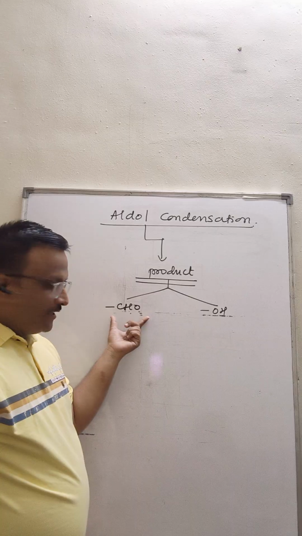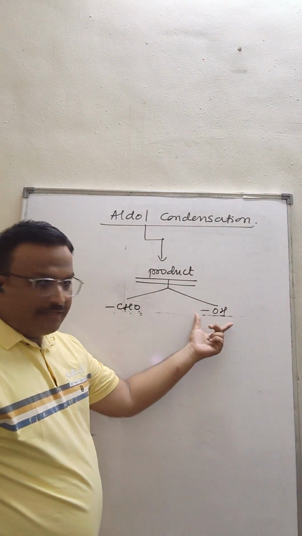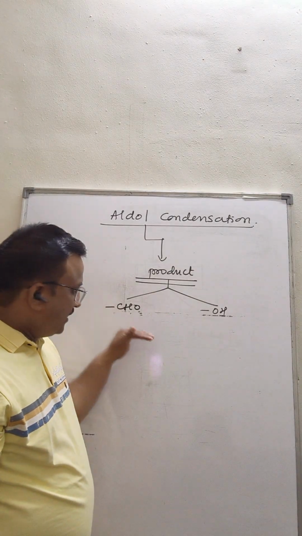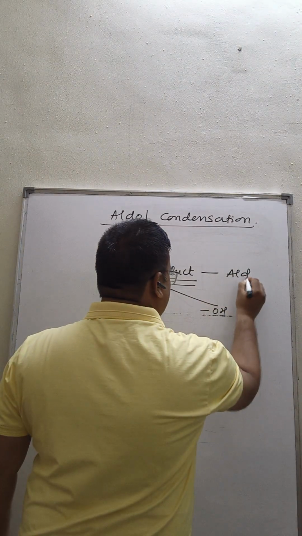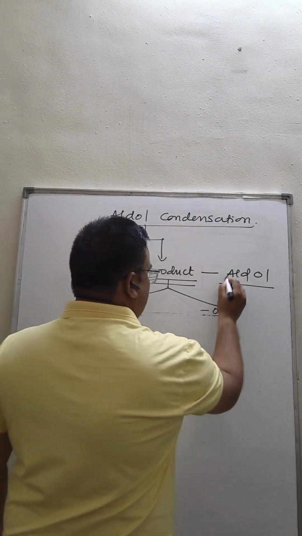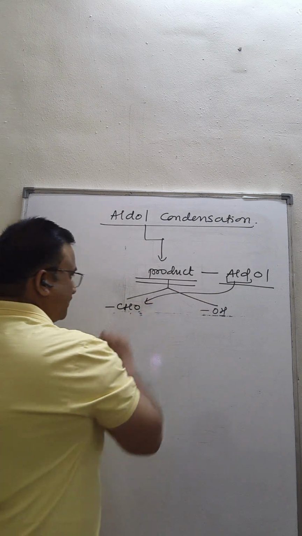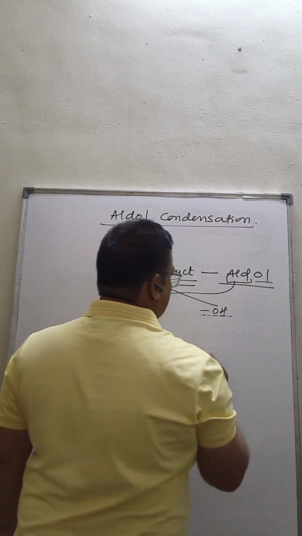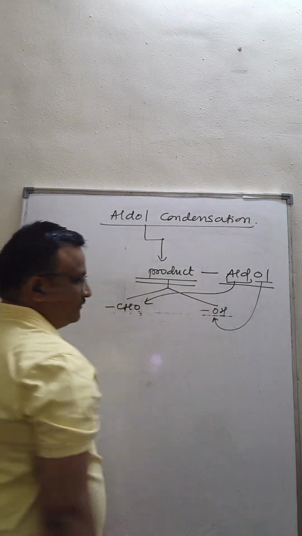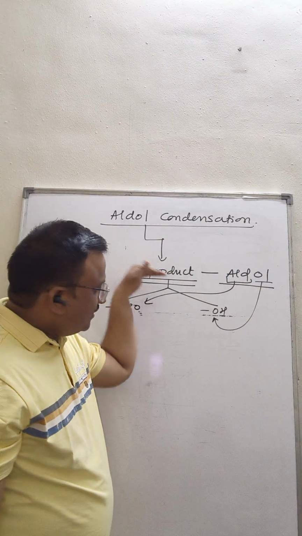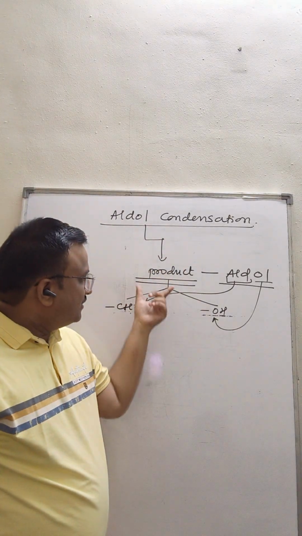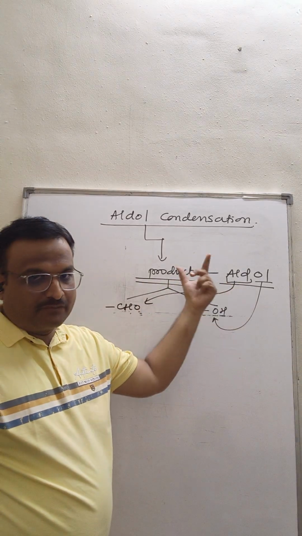So as it contains both, we named this product molecule aldol. Okay, ALD for aldehydic functional group and the last OL for alcoholic functional group. So aldol condensation is a type of condensation reaction where the product aldol is formed.